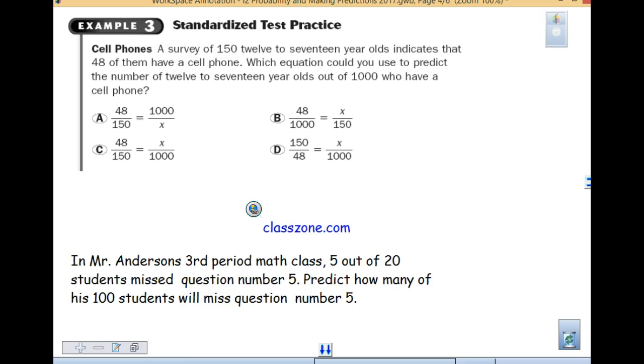Make sure you have quietly talked to your shoulder partner to see which choice you would have, if it is A, B, C, or D, and be ready to tell me why you think it is that one.